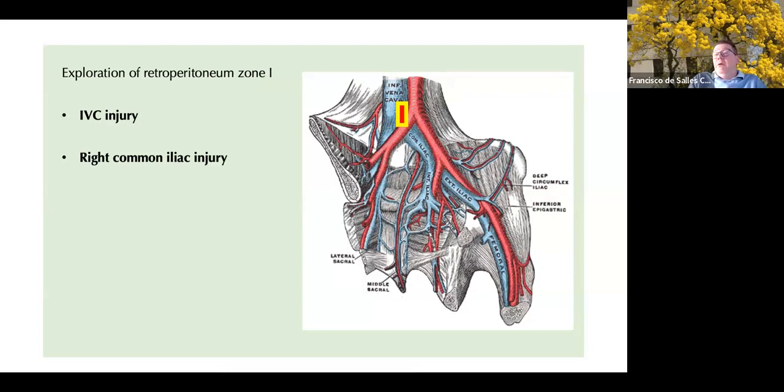If you have trouble, you can maybe ligate the iliac artery, and then go by an extra-anatomical graft, iliac artery to iliac artery, or femoral artery to femoral artery on the other side, and we can maybe continue the circulation.